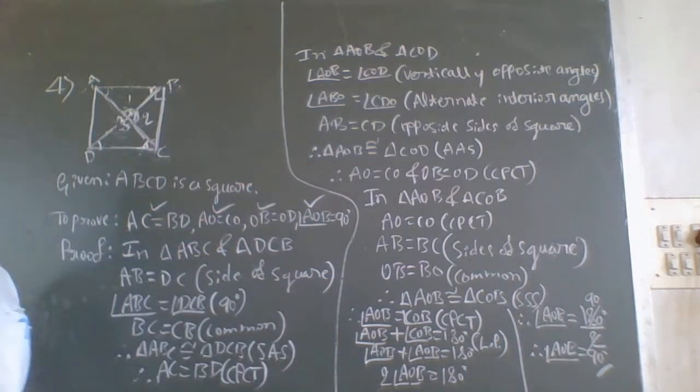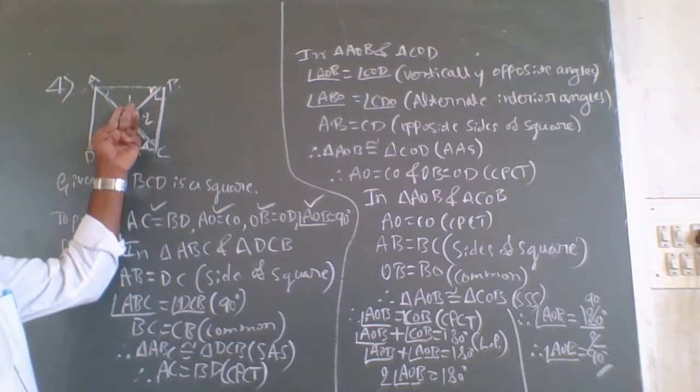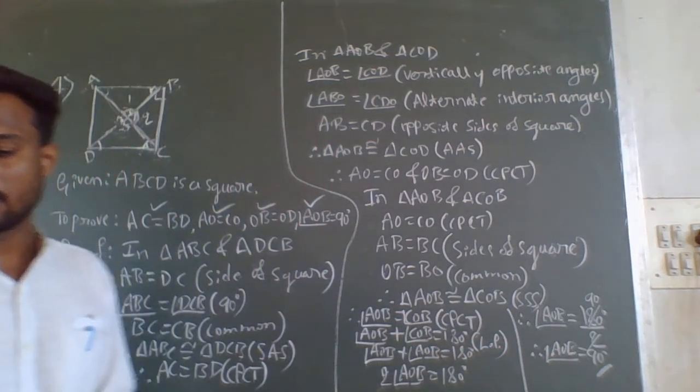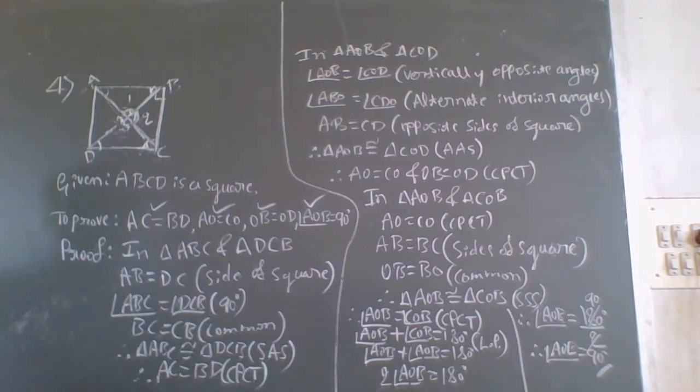Means here, what is given in the question? We proved that diagonals of a square bisect each other at right angle. So these diagonals bisect each other at right angle means 90 degrees. So see here again. Square they have given means all the sides are equal here.